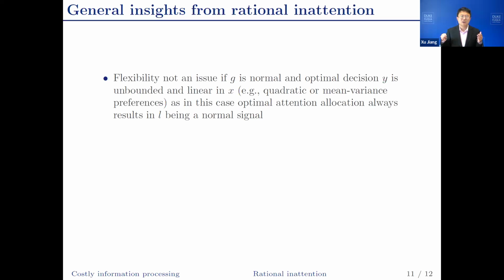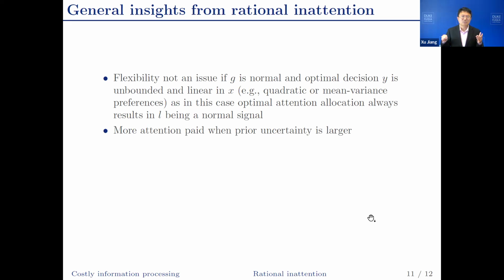In this case, the optimal attention allocation always results in the posterior being normal, with a normal signal. And this is the case adopted in most of the literature that uses rational inattention. But you should be aware that this is only a special case. If you go to a more general case, then flexibility would become an issue.